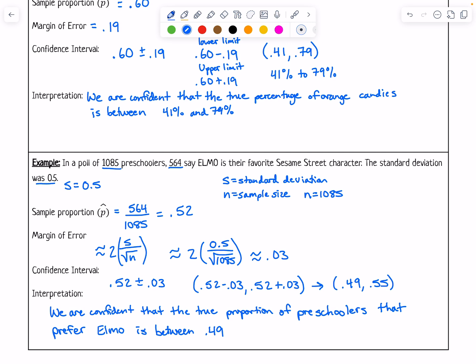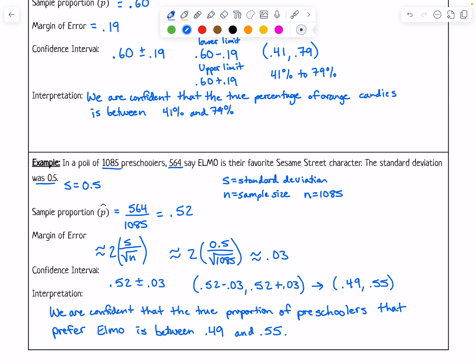But if you say percent, you need to write this as a percent. I'm saying proportion this time just to show you another way you can write it out, because this would have also worked for that first example. So is between 0.49 and 0.55. We are confident that the true proportion of preschoolers that prefer Elmo is between 0.49 and 0.55.